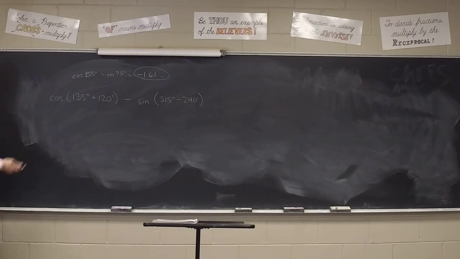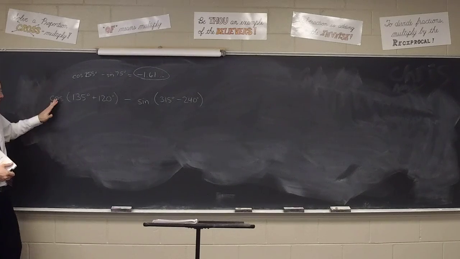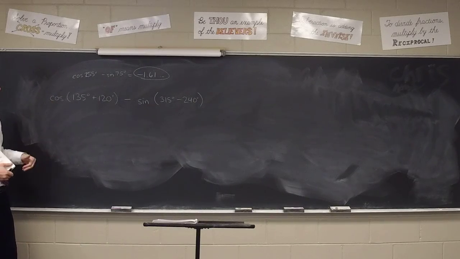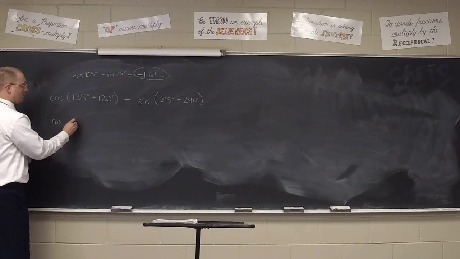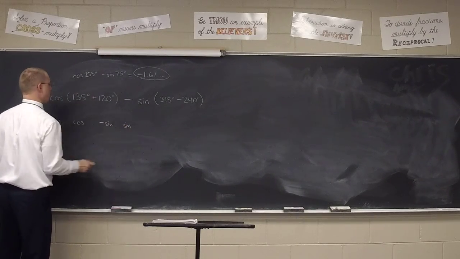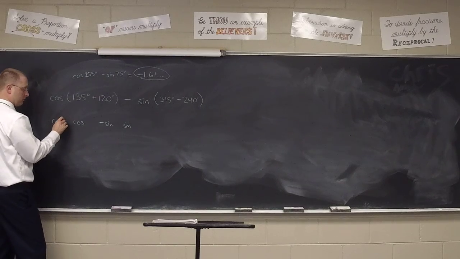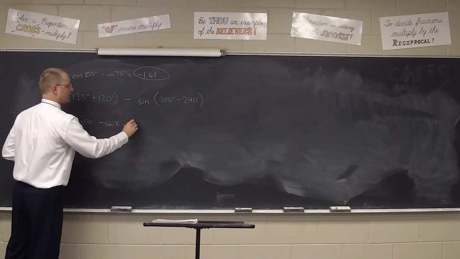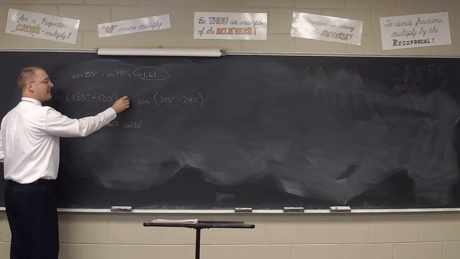All right, so we come here and we see the cosine sum difference identity, class. Cosine, sine. The cosine sum difference identity is cosine, cosine, sine, sine. So we're going to do cosine, cosine, change to a negative, sine, sine. Of course, we'll drop in the angles. 135. And then notice here it says minus or negative.